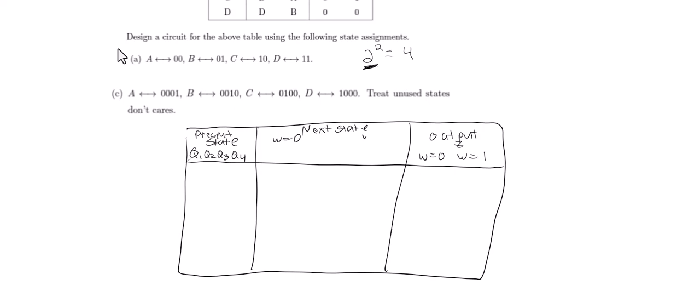W equals 0, W equals 1. So Q1 star, Q2 star, Q3 star, Q4 star.